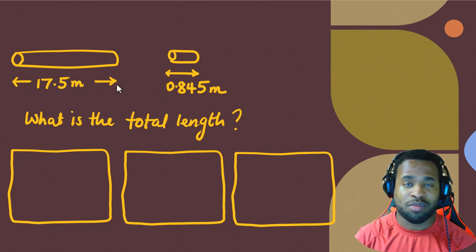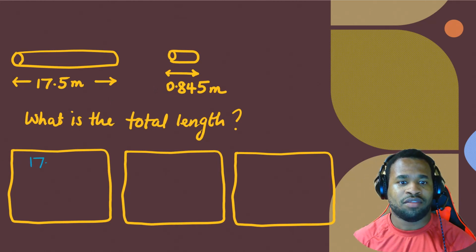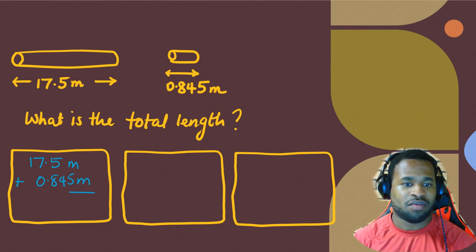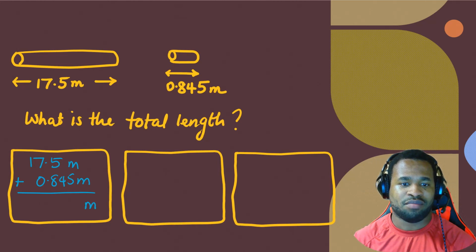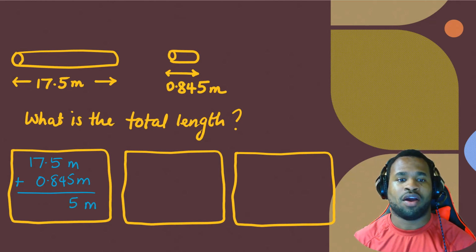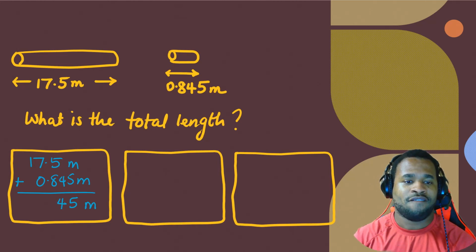So looking at the actual numbers, when we add them together, this is what we have as a result, where we have 17.5 meters. We're going to be adding 0.845 meters. So as a result, our meters is going to be there, and we have 5 brought down, and for the hundredths we have our 4 brought down, but here we have our tenths, which are the numbers we're going to add together. 5 plus 8 in this case gives us 13.